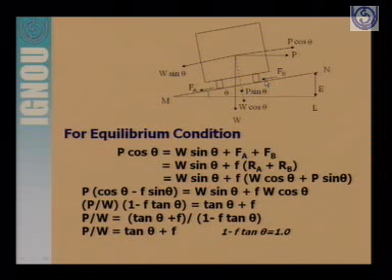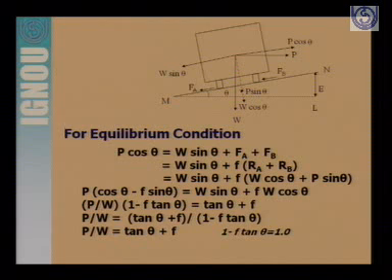If we take the sum of all these forces, P cos theta is acting towards the outer side of the road. W sin theta, FA and FB are acting towards the inner side of the road.